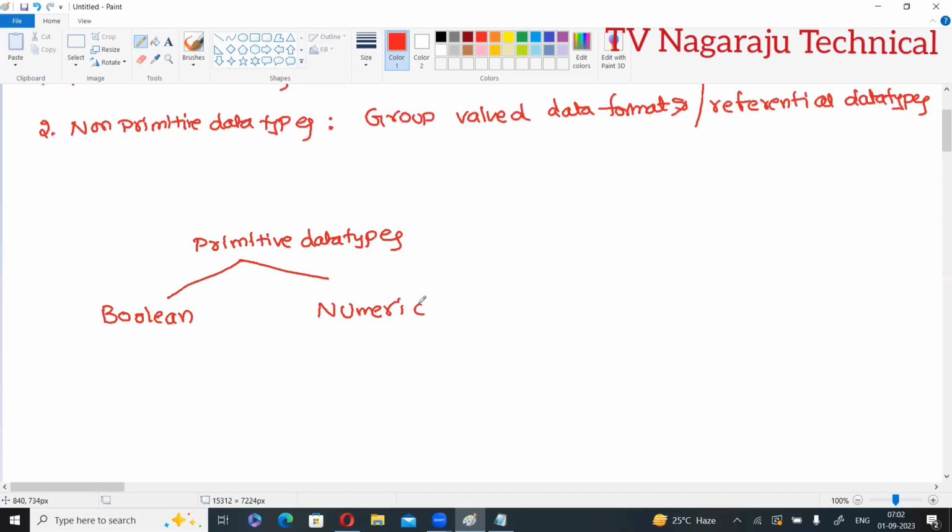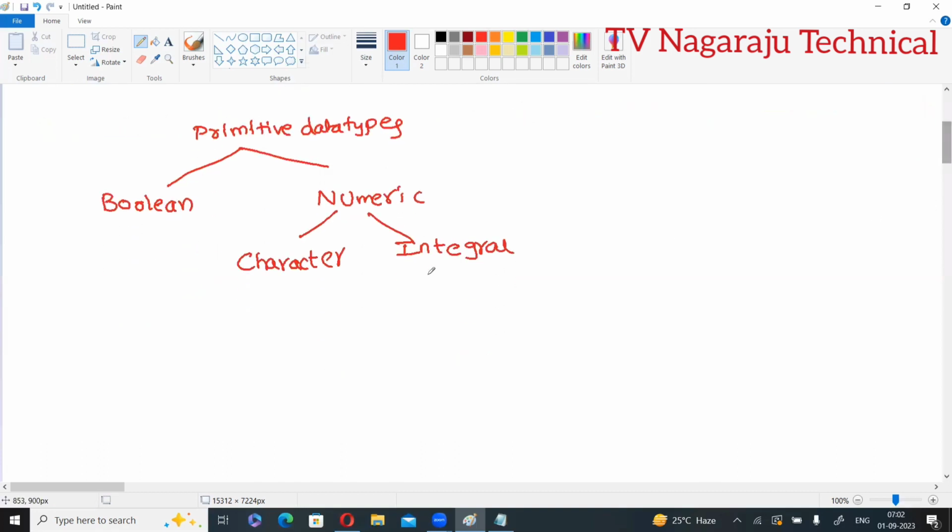Numeric is divided into character and integral. Again, integral is divided into integer and floating.